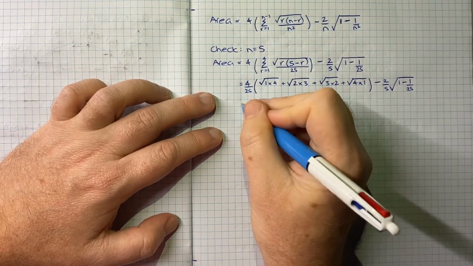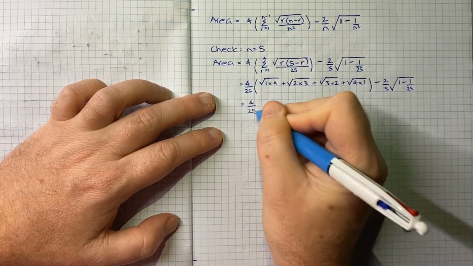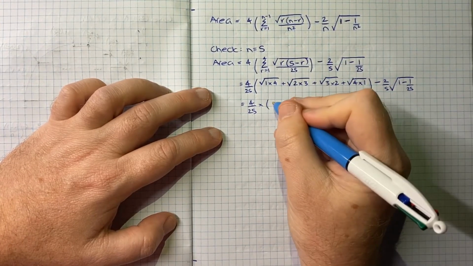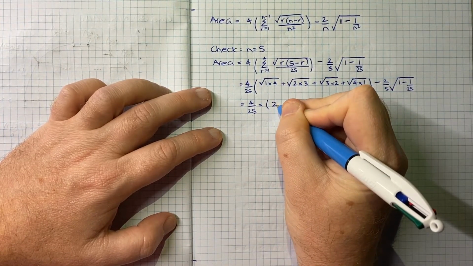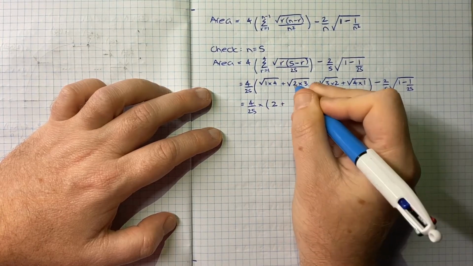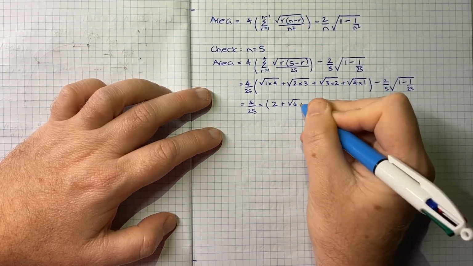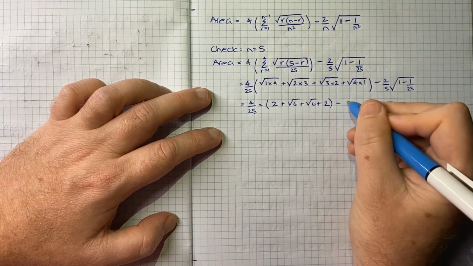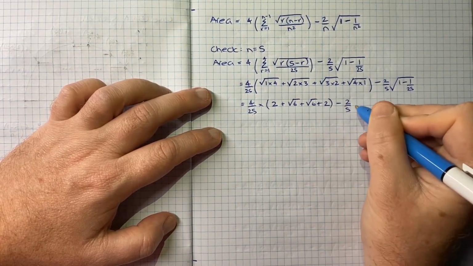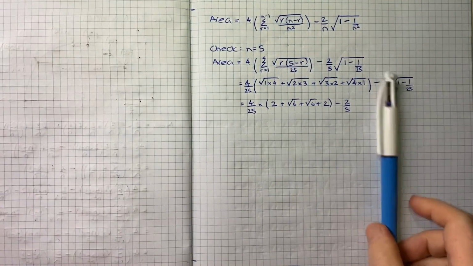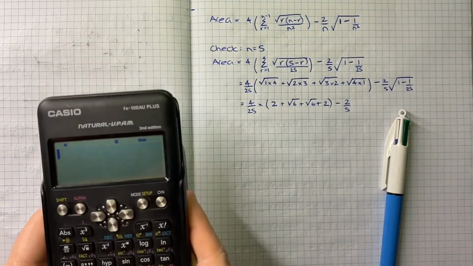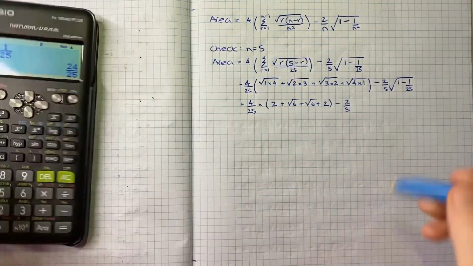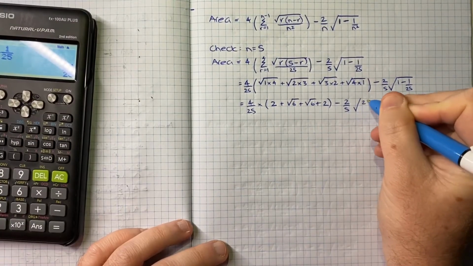And what I might do now is just simplify all these square roots. So it's, what is it, root 4 is 2, plus root 6, plus root 6, plus another 2, minus 2 on 5 times the, what's 1 minus 1 on 25? 1 minus 1 on 25, oh yeah, I should know that, that's just 24 on 25.